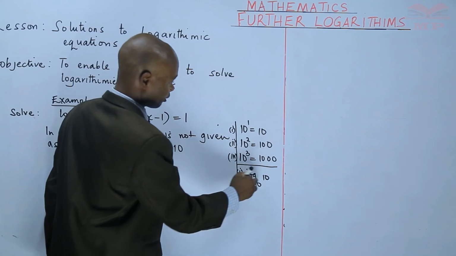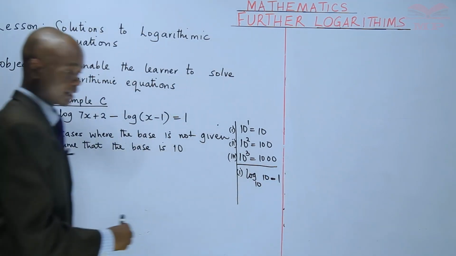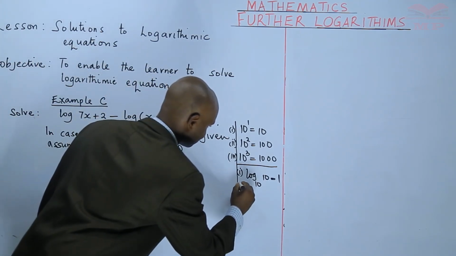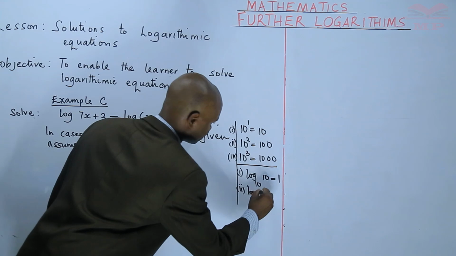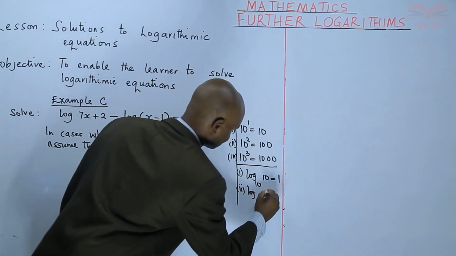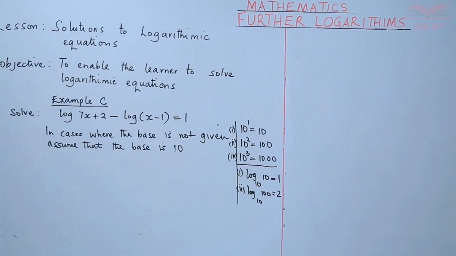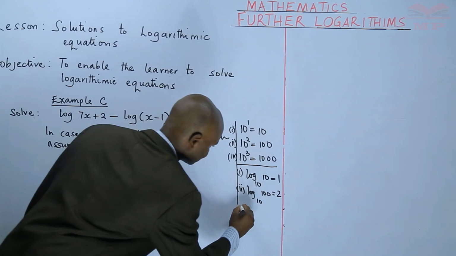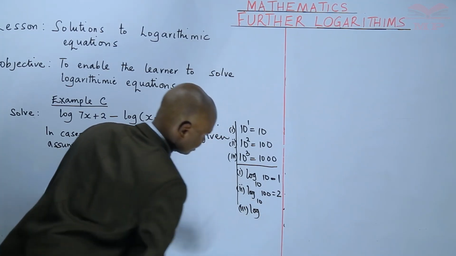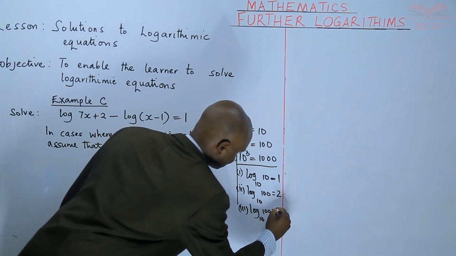The log of 10 to the base 10 is equal to 1. The second one, the log of 100 to the base 10 is 2. And the third one, log to the base 10 of 1,000 is 3.